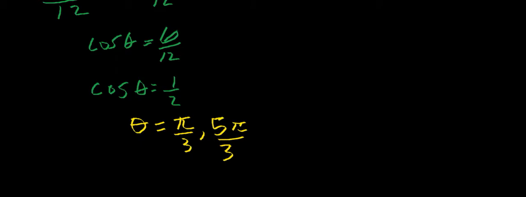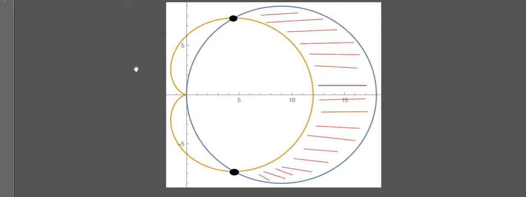If you go back and look at the graph, we want to look at this top black dot, which would be pi over 3, and we go down, and this would actually be negative pi over 3. Because if we went to 5 pi over 3, we would be going in this direction counterclockwise and end up at 5 pi over 3.